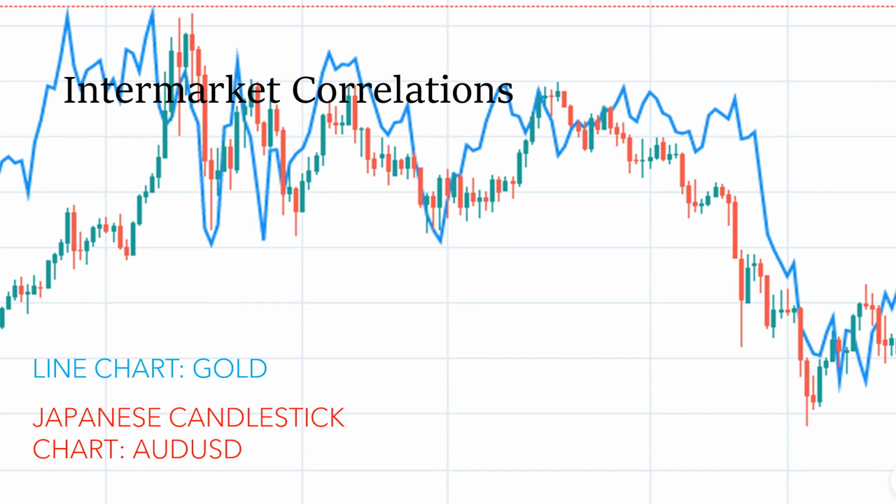As you can see on this chart, the line chart represents gold, and the Japanese candlesticks represent the Australian dollar to the US dollar. As you can see, when the Australian dollar moves up, gold also moves up, and vice versa. When it falls down, they both fall down. When one goes up, the other also goes up.